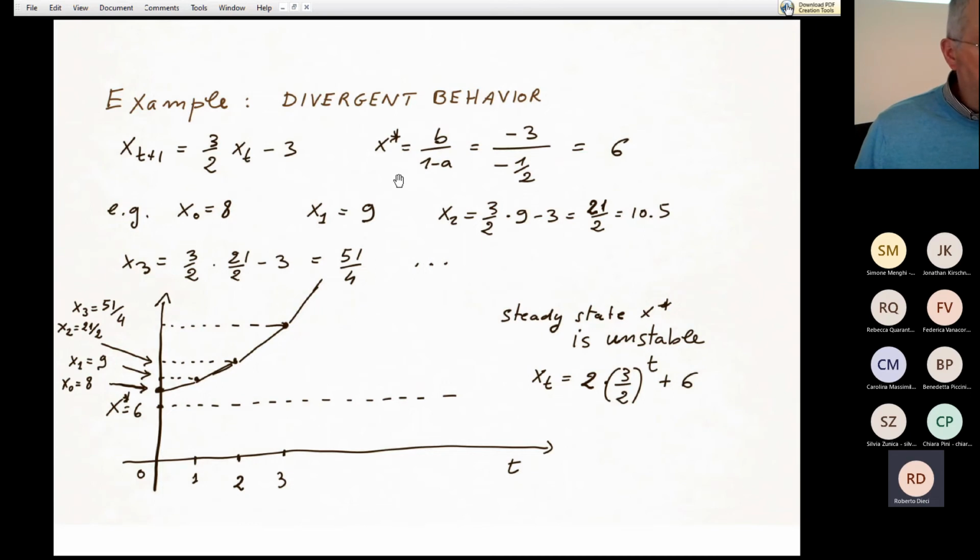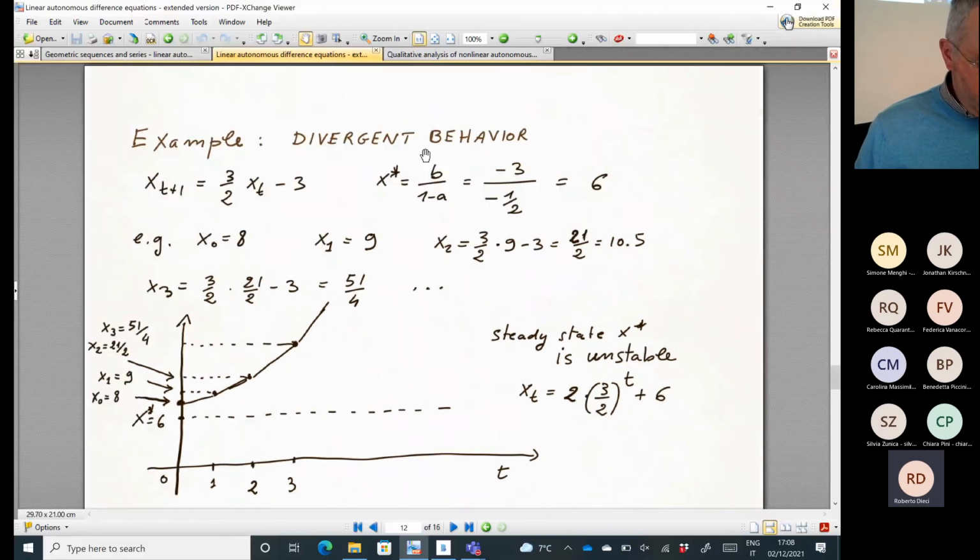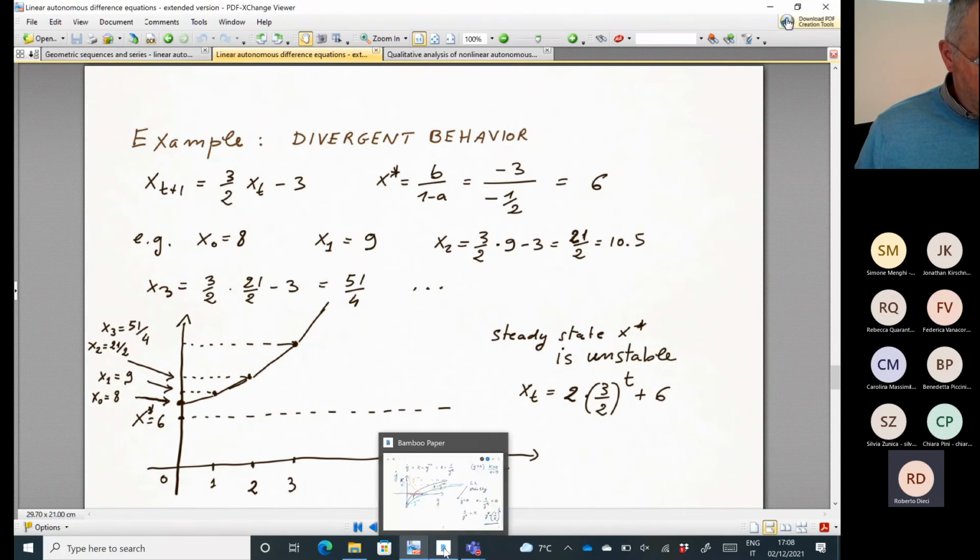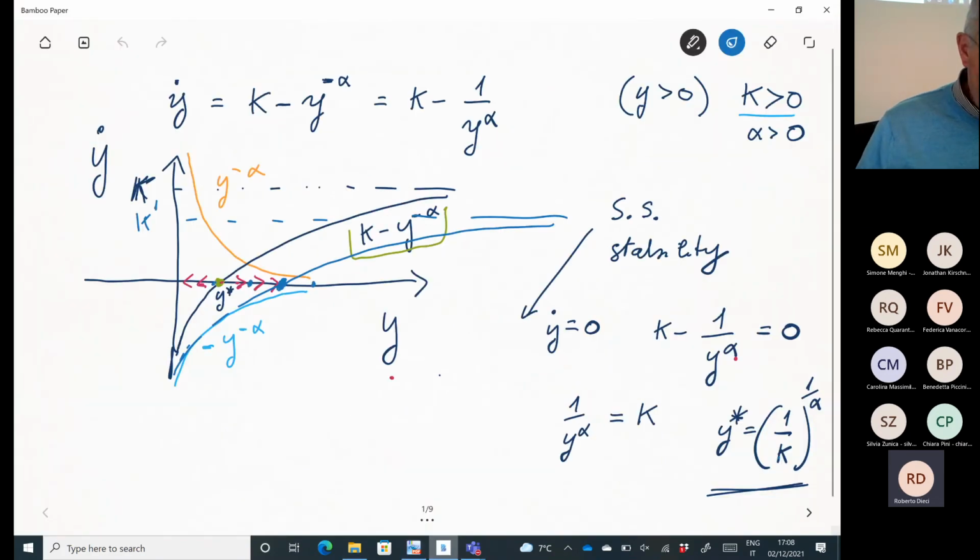First of all, let me compute the steady state as an exercise. It is already in the slides, but let me do that. x_{t+1} = 3/2 x_t - 3.